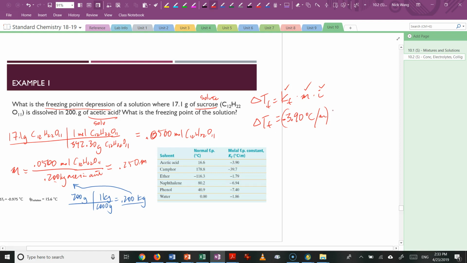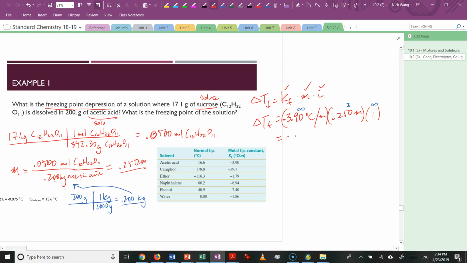So that, again, is our KF value. M, which is molality, is the thing we just calculated over here. Toss that in, 0.250 molal, times the Van't Hoff factor, which is the one we talked about earlier, and do some math. Know that this is going to have infinite sig figs. Go jot that in. Infinite sig figs. This one has 3. This is also infinite because that's a whole number. So you should have 3 sig figs in your final answer.